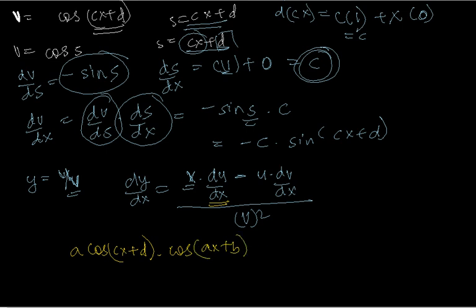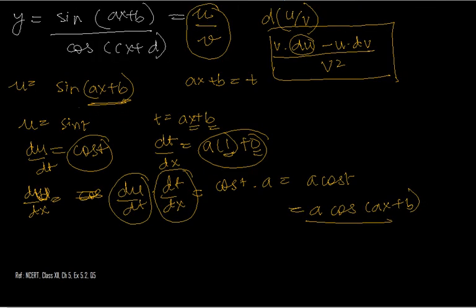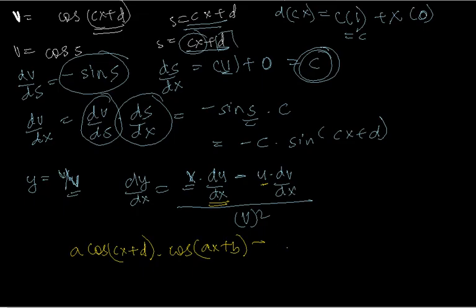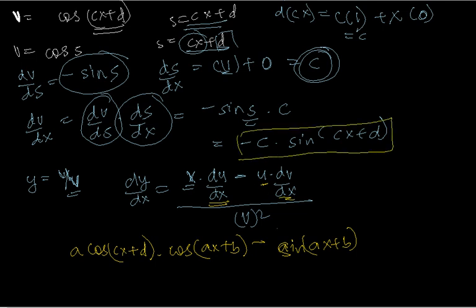Minus u. What is the value for u? u is sine of ax plus b. What is the value for dv by dx? You have found this out, which is minus c into sine of cx plus d.